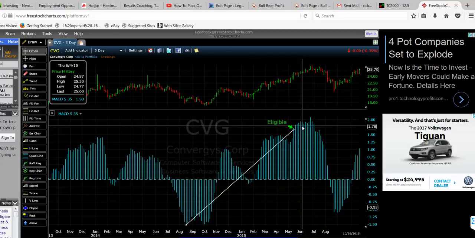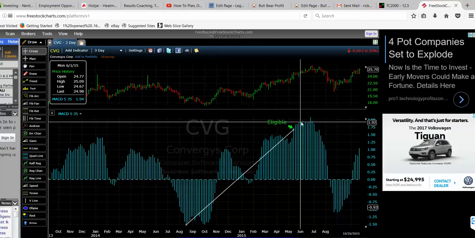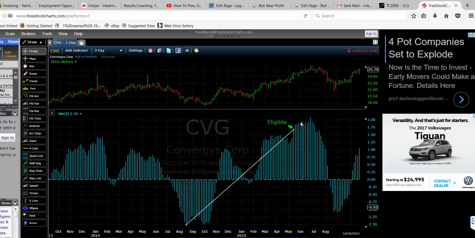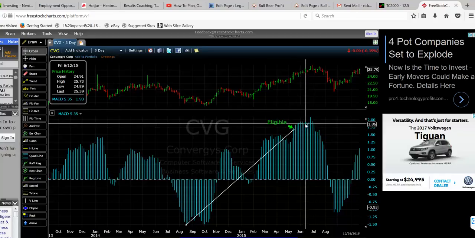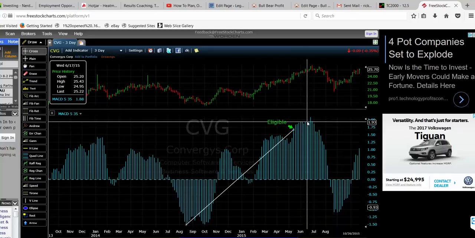I'm not just looking for the next MACD reversal. I want a higher MACD reversal. So in other words, I want a peak bigger than the most recent peak, which is 1.94. Do you agree? Right? Okay. 1.94, 1.93. We went through, we discussed everything.